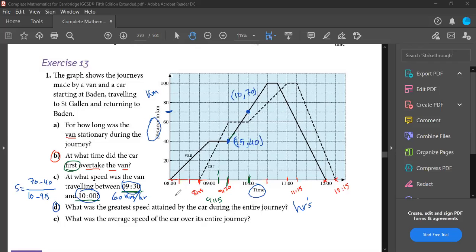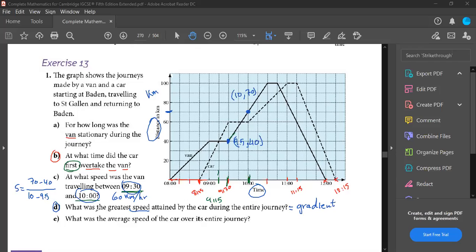To calculate the speed, how did we used to calculate it from your physics information? Speed equals distance over time. In physics that's it, but in math we find the gradient for the straight line.